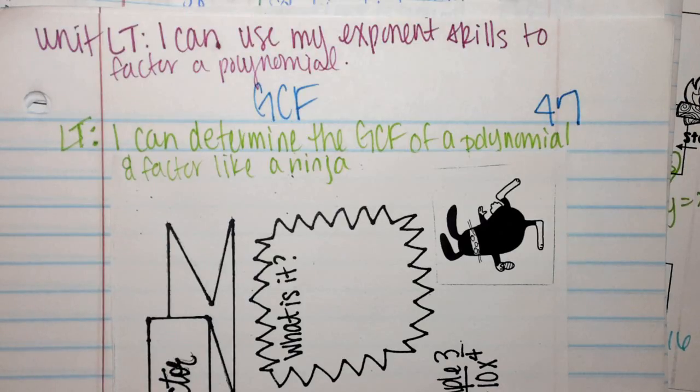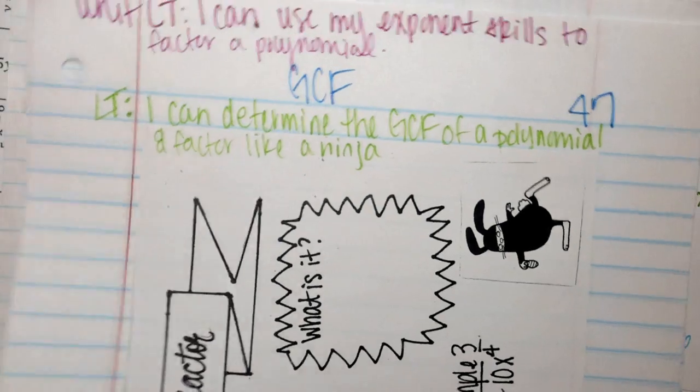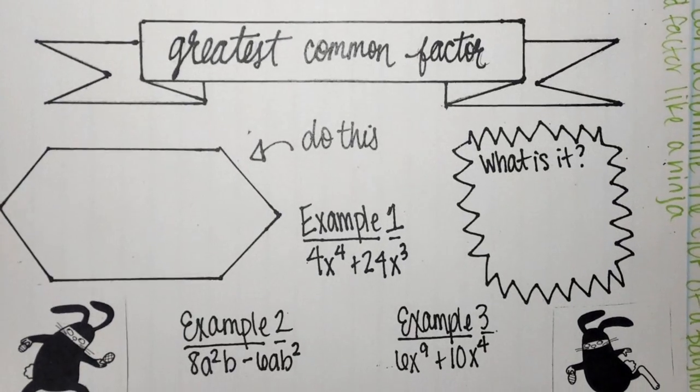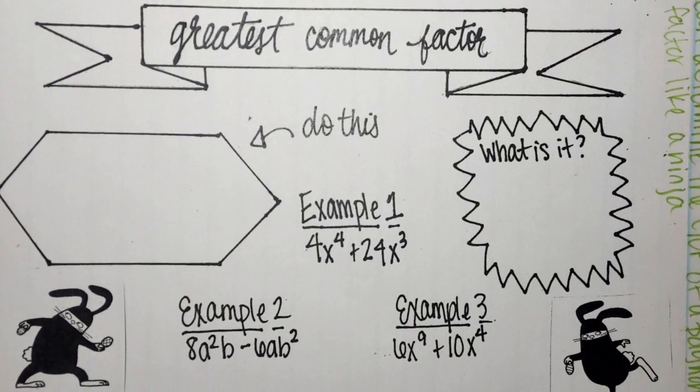I'm going to rip your paper up and throw it away, and then you won't have any notes. Are those bunnies? Yeah, they're rabbits. No, they're ninja rabbits. Well, Monday we have foxes and owls, so get excited.